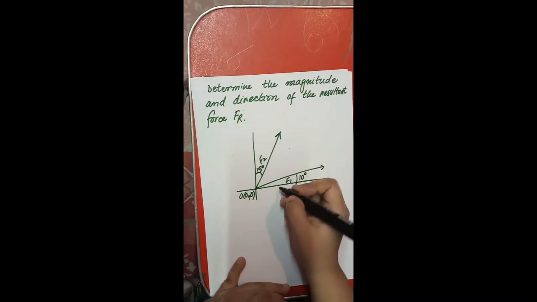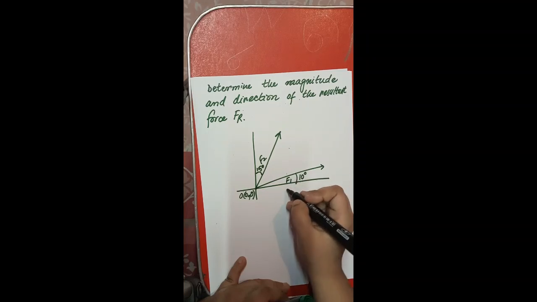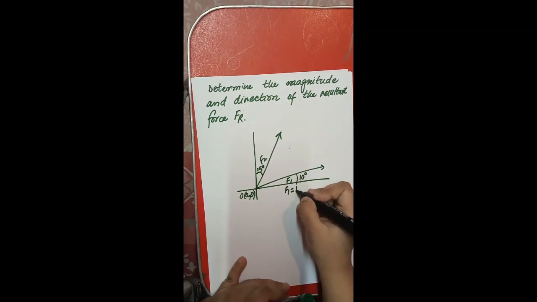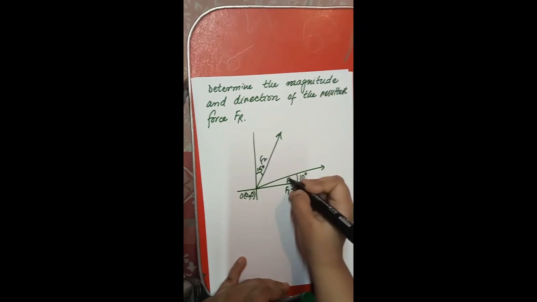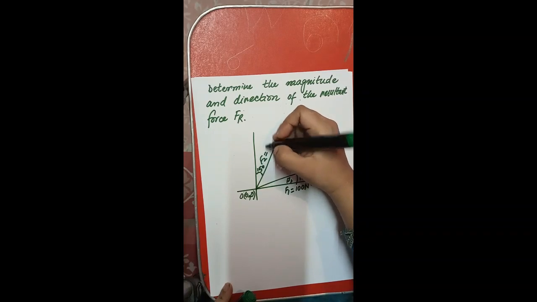So F1 is given to you here: the value of F1 will be equal to 100 Newton, and F2 is equal to 150 Newton.